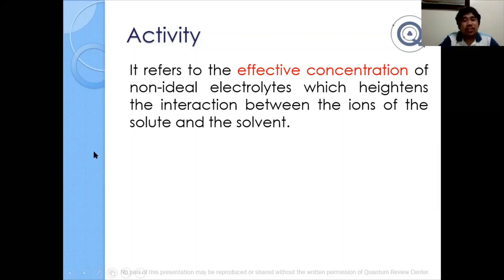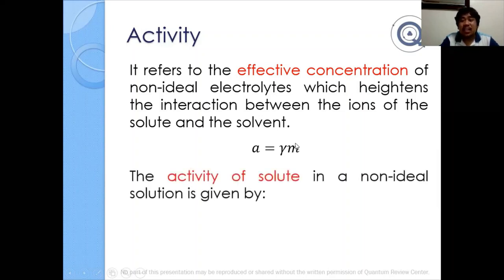So how do we solve for activity? Activity is equal to gamma times the measurement of concentration. It can be molality, the most common here, but it can also be others. Basically concentration: gamma times concentration. By the way, your gamma is called the activity coefficient.